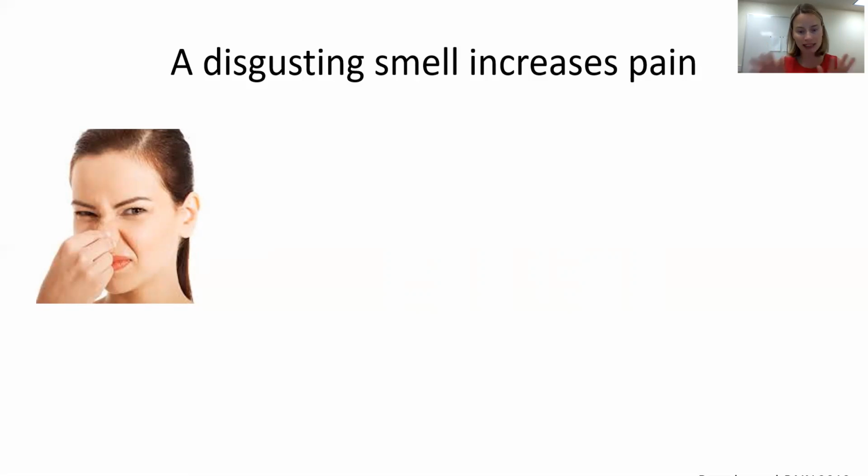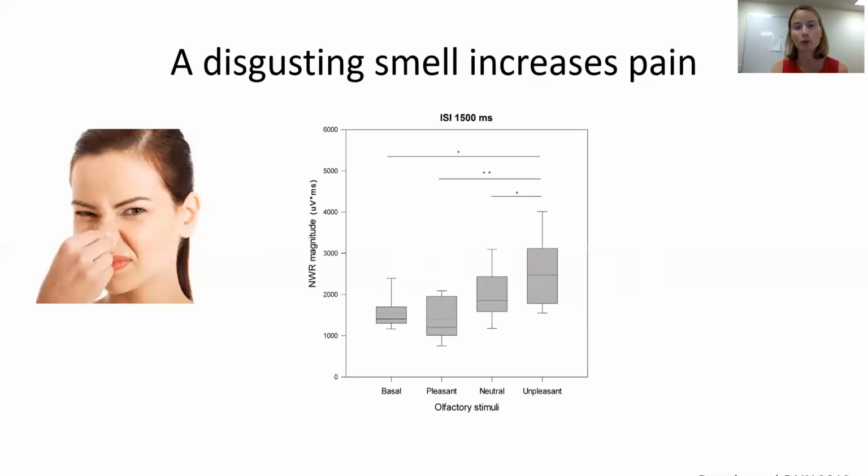So what they did is they were testing this reflex and looking at the size of this nociceptive withdrawal reflex. And they had a baseline condition, and this is approximately the magnitude of that reflex. Now, when they wafted in a nice pleasant smell or a neutral smell, that reflex didn't change very much. It stayed relatively constant.